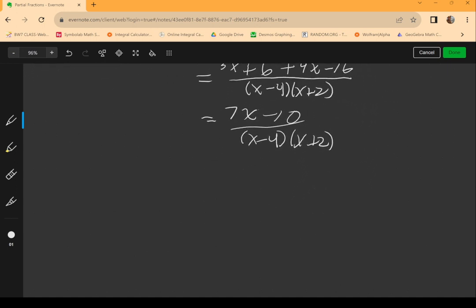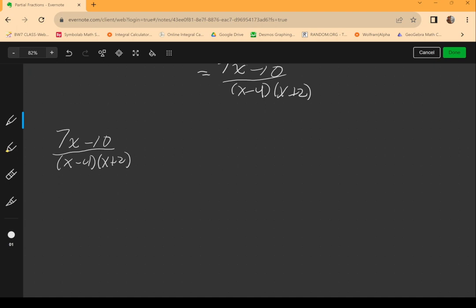Now, what we're going to do in this section is actually the reverse. What if, instead of going in this direction, we had the rational function here, with x minus 4 times x plus 2 in the denominator?